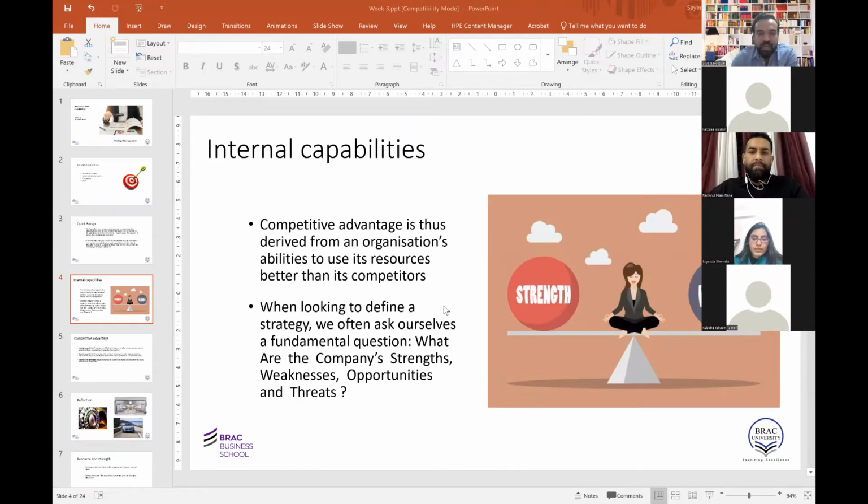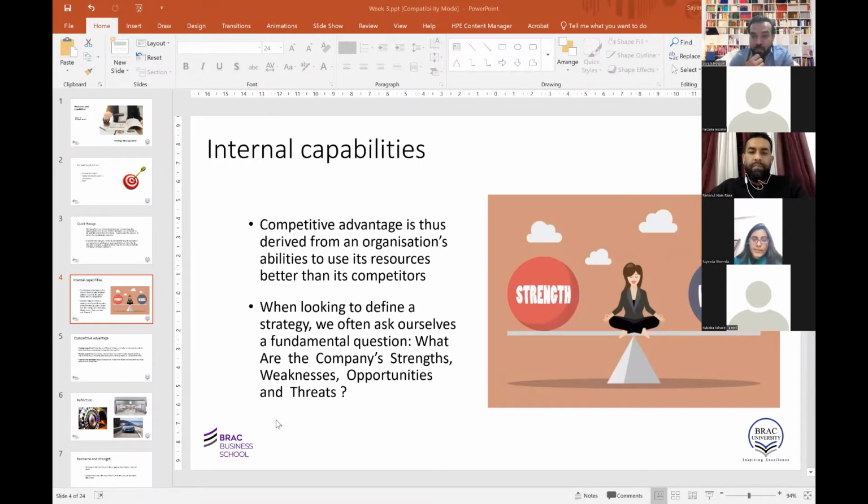That's really the key. Because if the organization is not able to understand what its core abilities are, then it's going to be really difficult. And when looking to define strategy, we need to ask, what are our strengths? What are our weaknesses? What are our opportunities and threats?